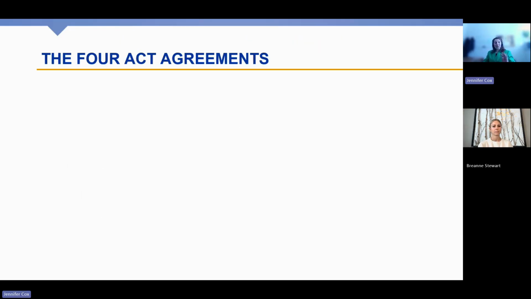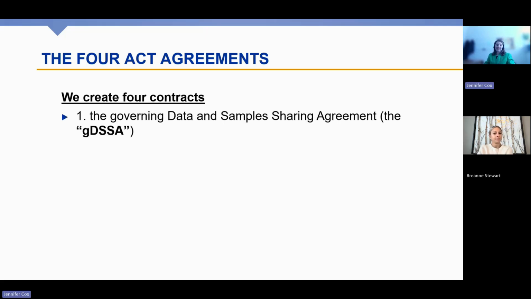All right, so as a working group, we created and distributed 4 agreements. The first is the Governing Data and Sample Sharing Agreement, which we call the GDSSA. It's been fully operable, I believe, for 2 years. I think it's February 1st, 2024, if I'm not incorrect. So that one's been the longest in action.